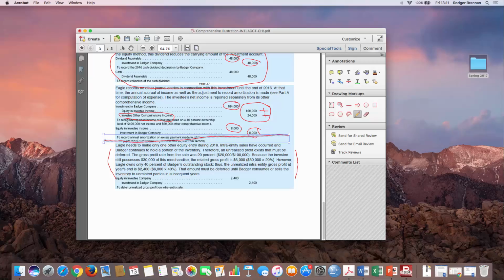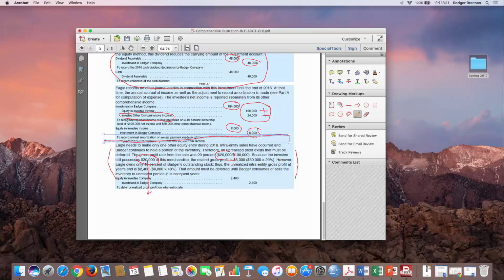But since Badger is holding some of the inventory, that is the $30,000 of it, that $30,000 also has a certain amount of gross profit sitting in it that has not been sold to an outsider. So from Eagle's point of view, they're only allowed to recognize the total $20,000 when all of the inventory has been sold by Badger to an outsider.